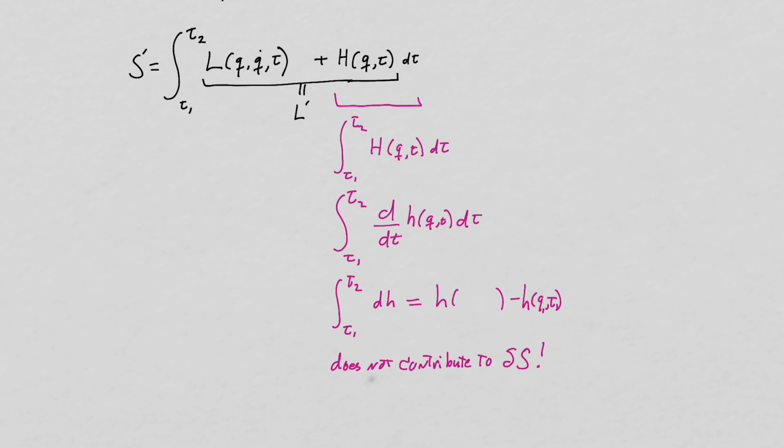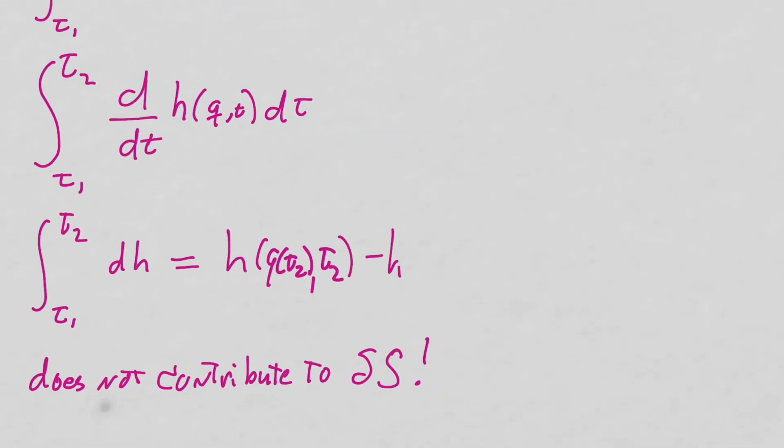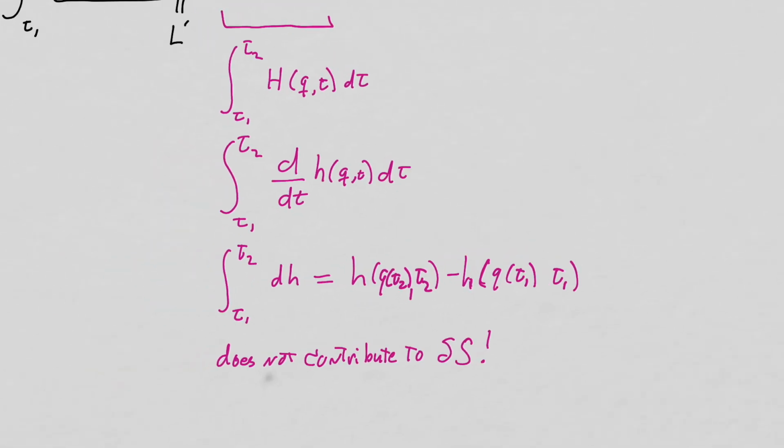I should probably write this h of q of t2, and likewise, this should be h of q of t1 at time t1, right? Something like that.